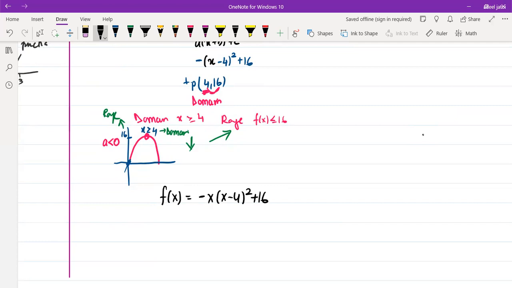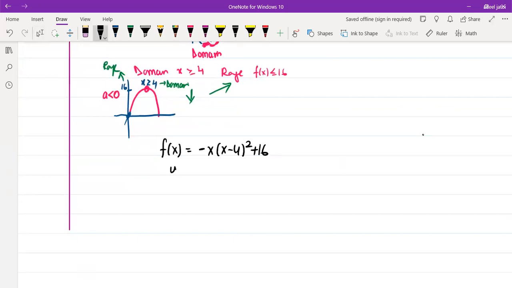So if we just shift, this will be y minus 16. Since this is minus, your y will convert to minus and this will convert to plus. We'll be using the square root because the square will shift down, and we will have plus 4. Your x becomes the subject.